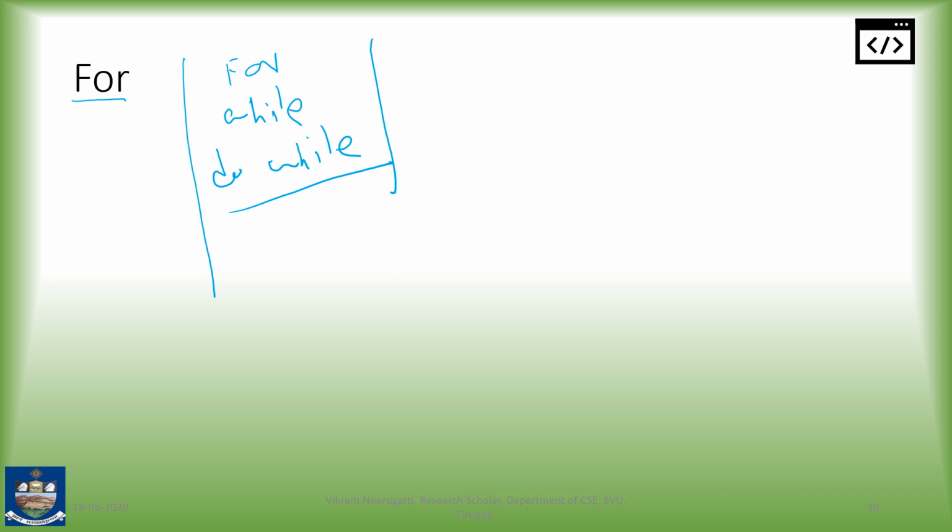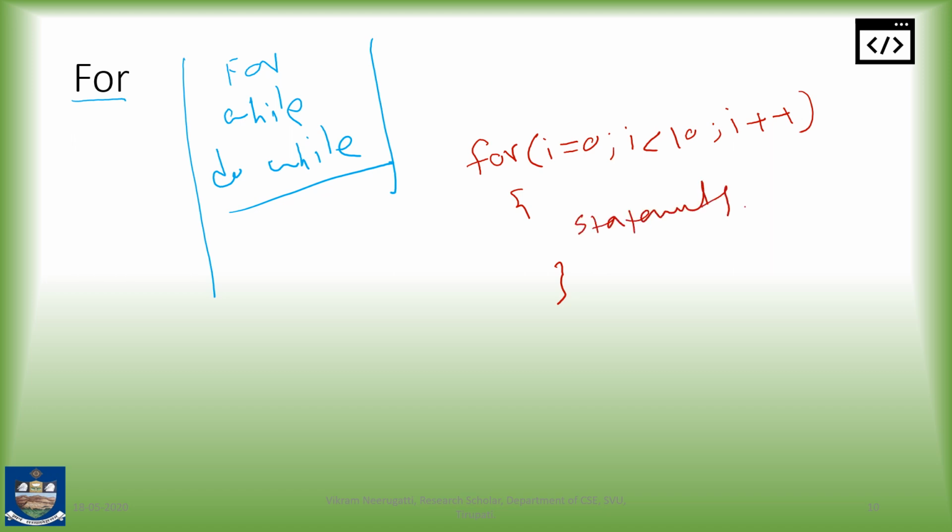In the for loop, the syntax will be: variable i equal to 0, i less than 10, and i plus plus. This is the syntax. Here are the statements. So this is the for iterative statement or for loop statement.